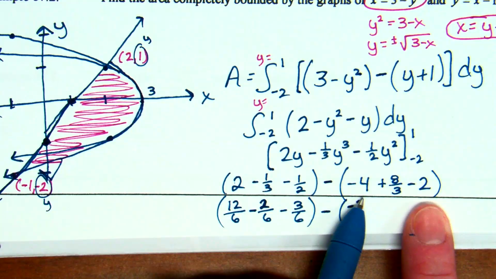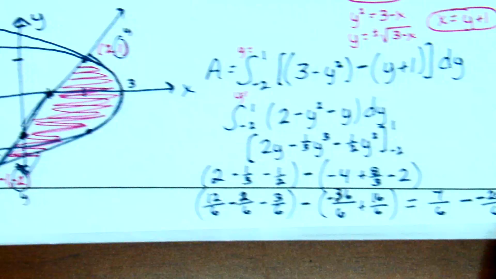So 12/6 minus 2/6 minus 3/6 is going to be 7/6 minus -36/6 plus 16/6, -20/6. So did you guys get 27/6? 27/6 would be acceptable.